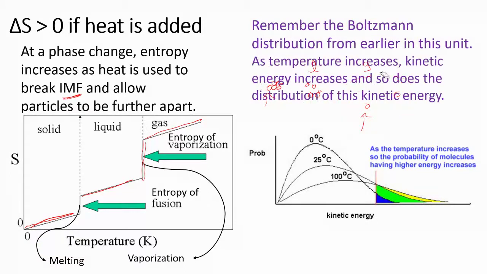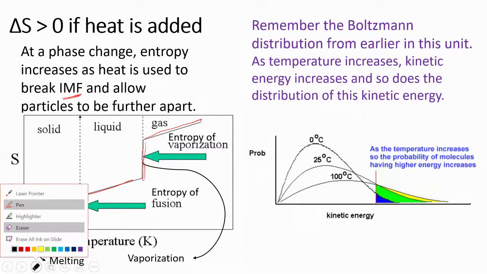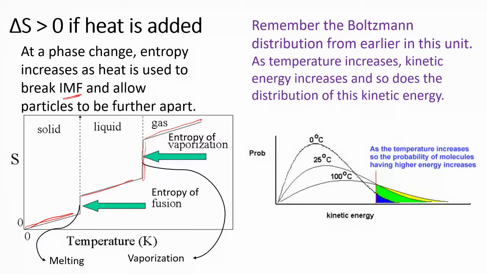Now, let's go back to our Boltzmann distribution curve from earlier. Remember, as temperature increases, kinetic energy increases, and so does the distribution of that kinetic energy. Okay, so the area under each one of these curves is 1.